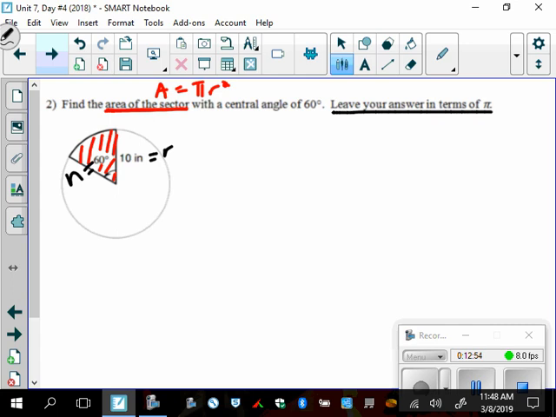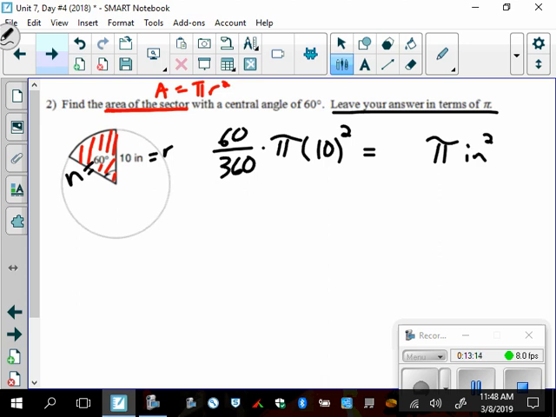This one wants me to leave it in terms of pi. So I'm going to show you how to do that in the calculator. I've got 60 out of 360 times pi r squared. And if I want to leave it in terms of pi, I'm going to have some number times pi. And in this case, it's going to be inches squared because it's two-dimensional.